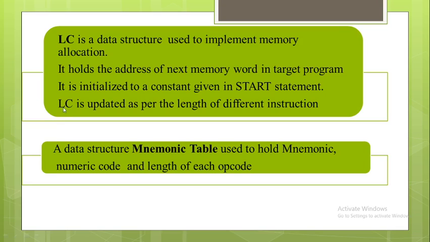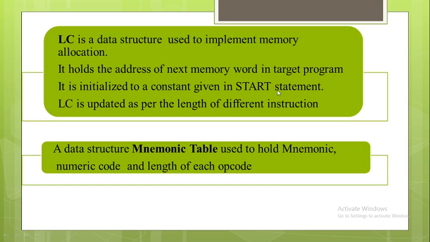Here a data structure called location counter is used to implement the memory allocation. It holds the address of the next memory word in the target program. It is initialized to a constant given in the start statement. Before this, we learn about the concept of assembler directives. One of them is called start, having the syntax of start followed by some constant value.